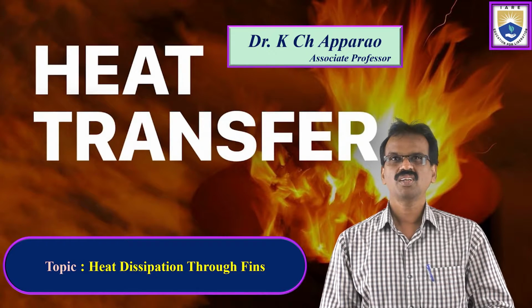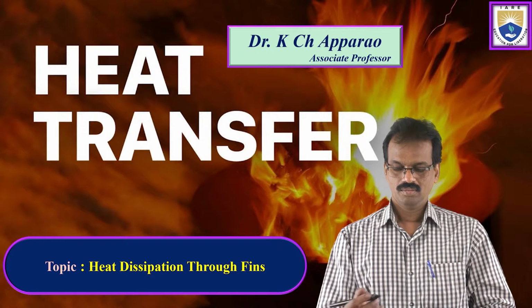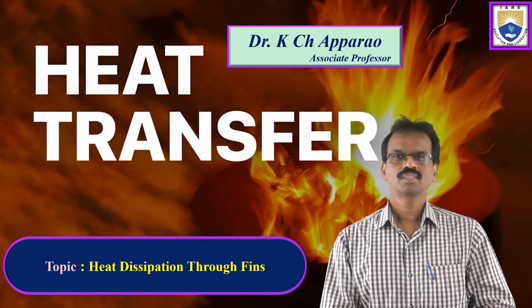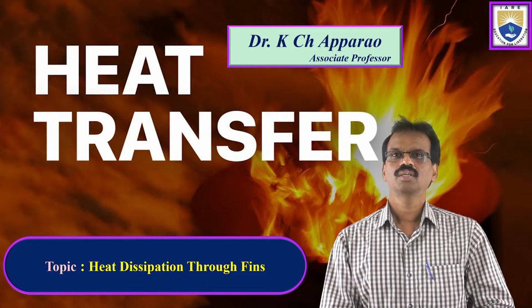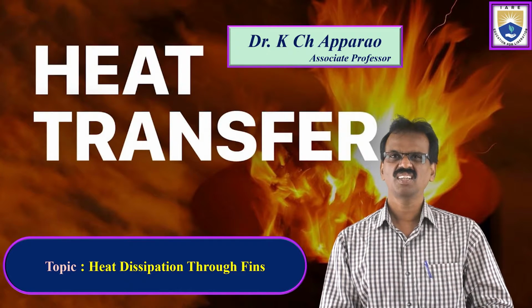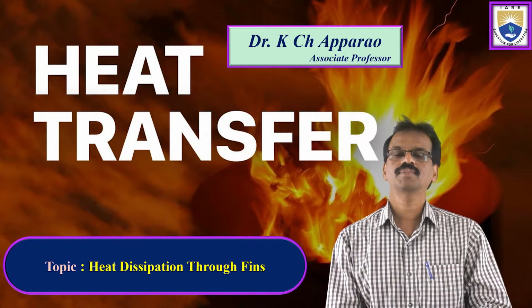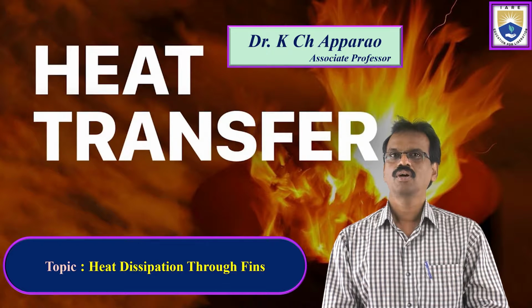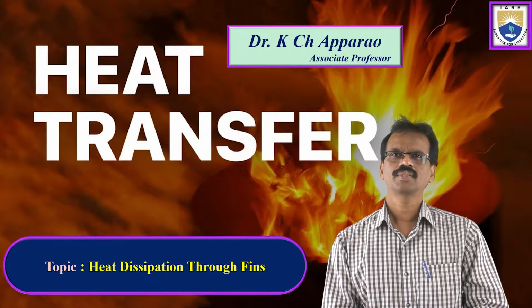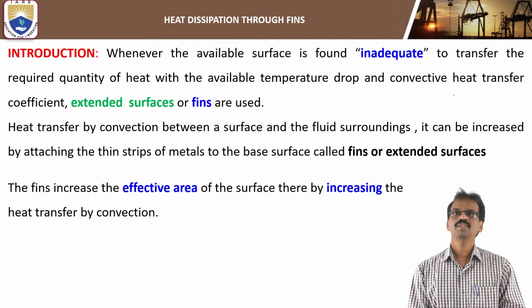Okay, in the previous class, we discussed the rate of heat transfer in a single slab and composite slabs, the rate of heat transfer in a cylinder and coaxial or composite cylinders, and the rate of heat transfer in a hollow sphere or composite spheres also.